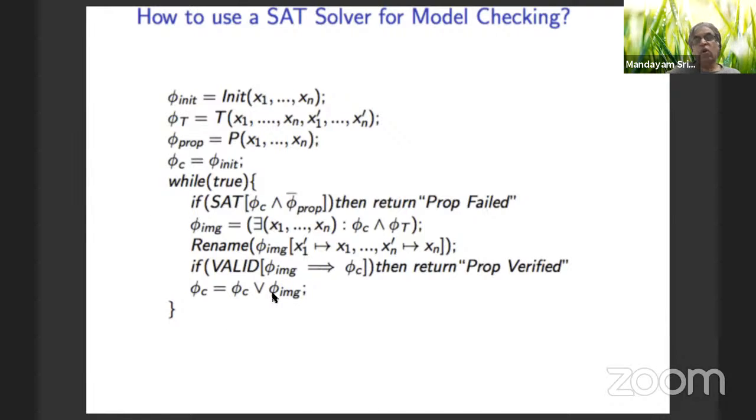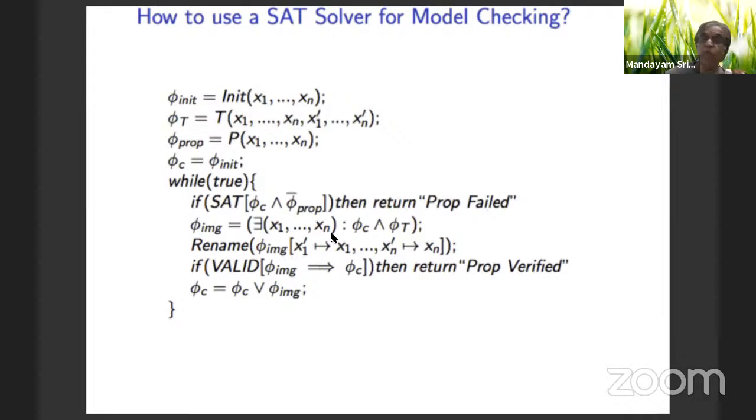So basically, the point is, although I've illustrated the forward fixed point computation on image computation, you can see that whatever you've done for CTL model checking, you can do as long as you take care of the existential quantification explicitly by plugging in the different combinations of the valuations for x1 to xn.